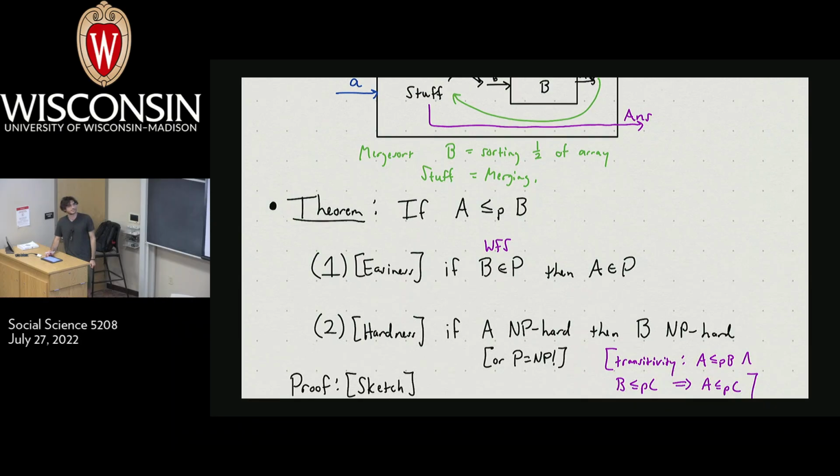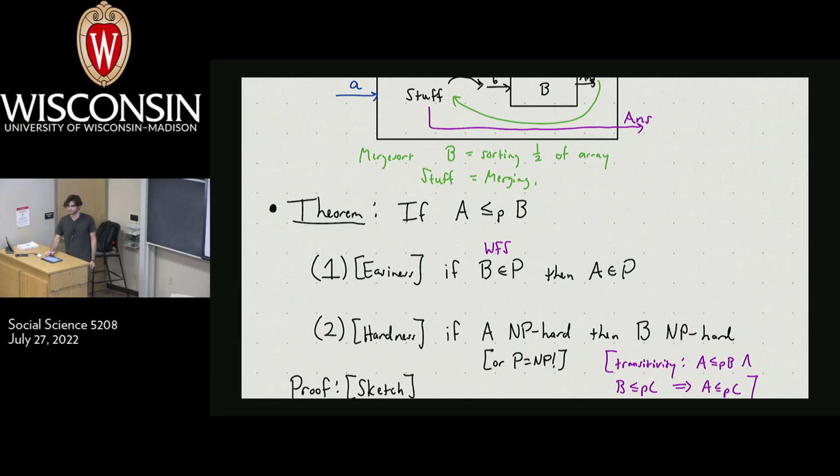Yes? So NP problems and co-NP problems, they are polynomial time? No. We don't think they are. We think P is different from NP.